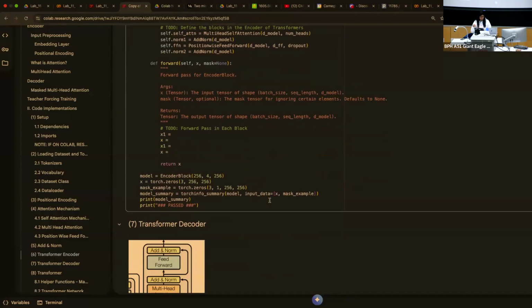So from this encoder block, now we want to forward pass our input.